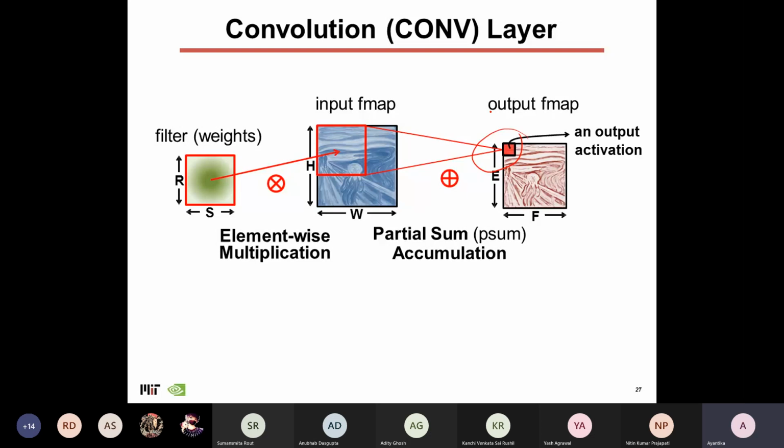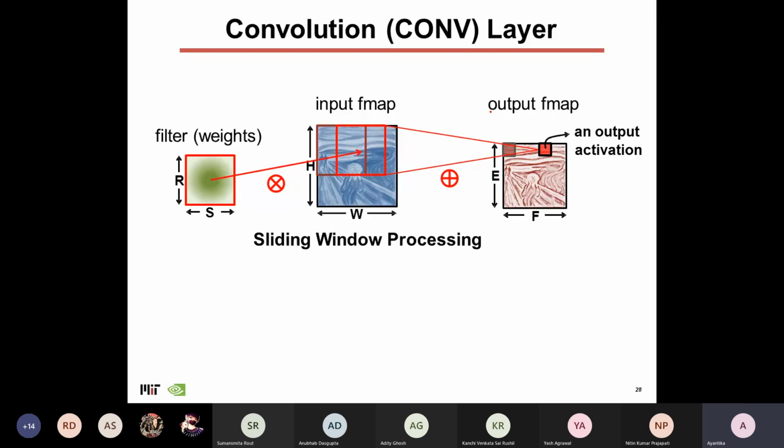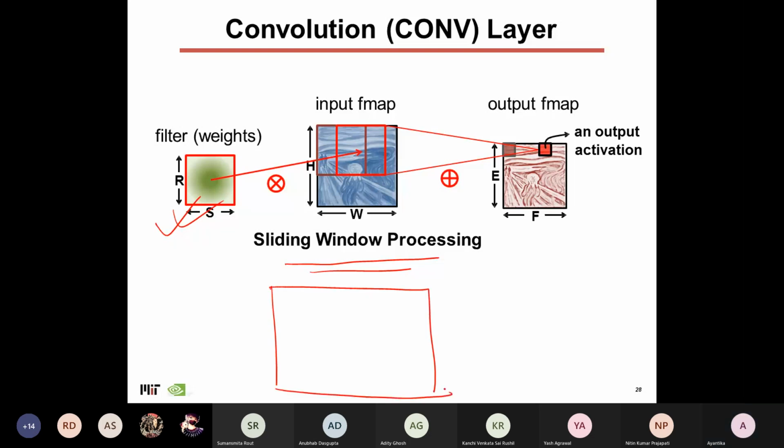Okay. Now, this is called the sliding window process. That means you are considering this full image matrix, and then you are applying this filter here. You have taken maybe some 3 cross 3 submatrix, and on top of that you have applied your filter.